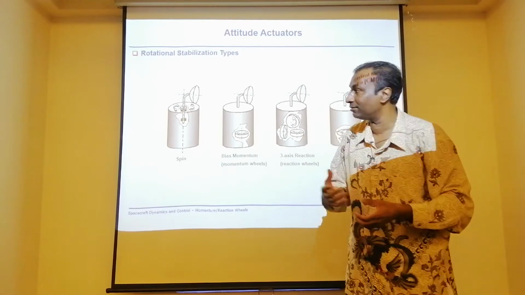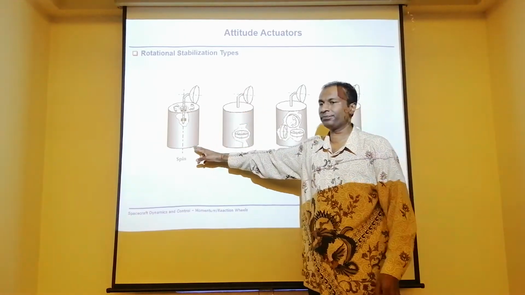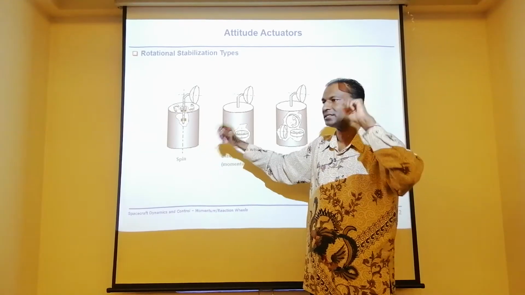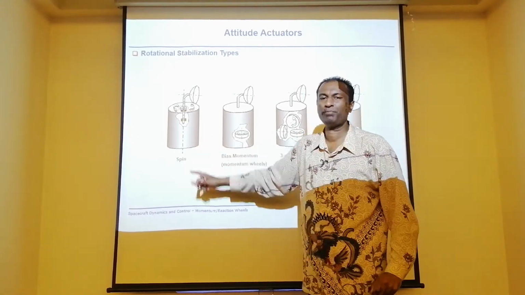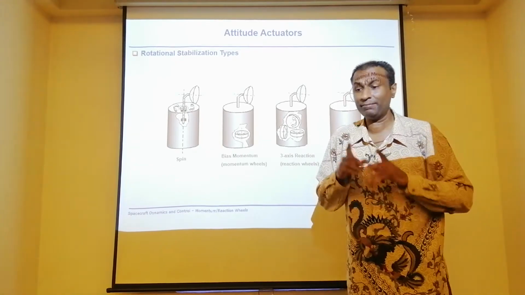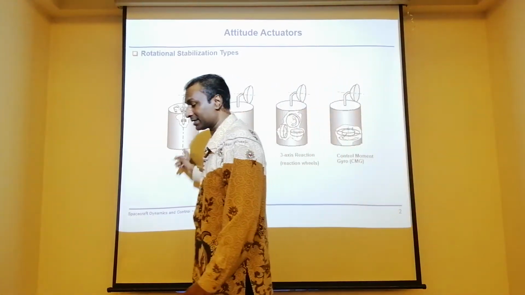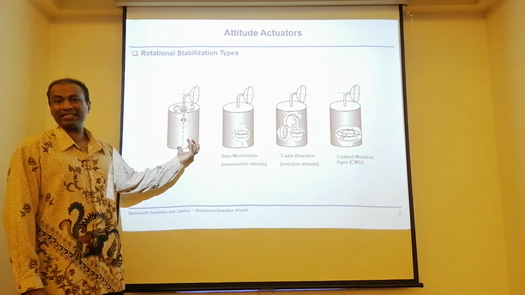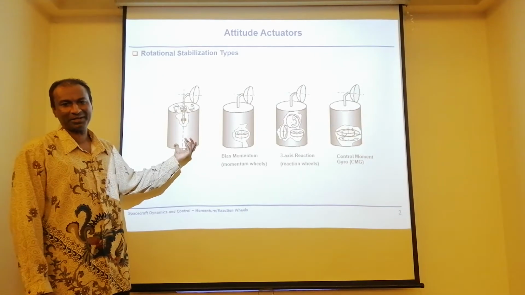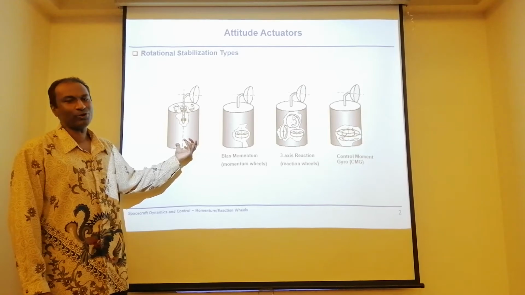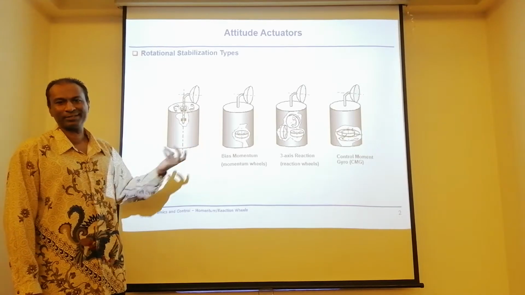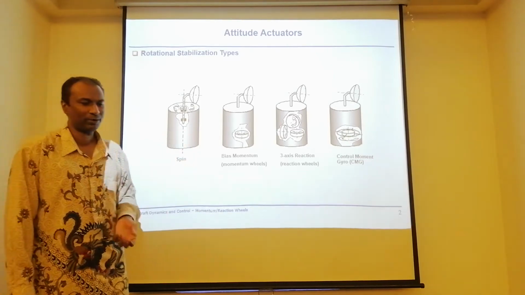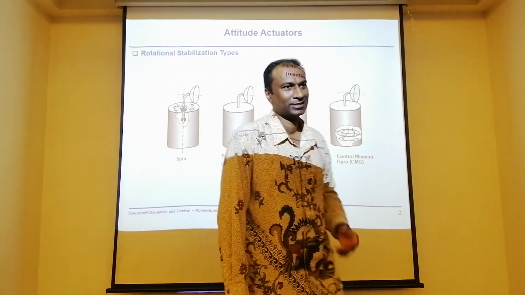So the first mode of rotational stabilization is the spin-stabilized type of satellite. More often than not, a spin-stabilized satellite will always be cylindrical in volume. You won't have a cubical satellite which is spinning. No, you will have a cylindrical satellite because the spin will be constant. Please understand that.